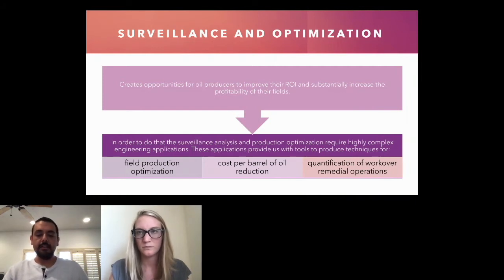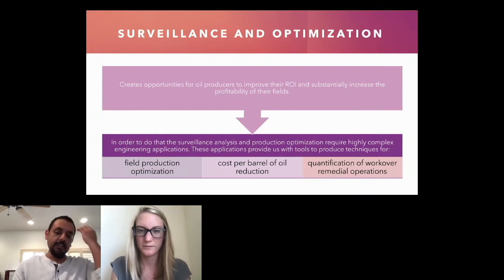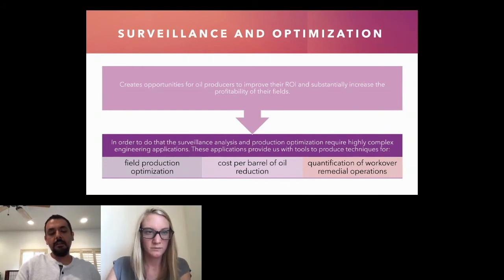It produces techniques for field production optimization, letting us know the cost per barrel of oil reduction and quantification of workover remedial operations. These surveillance analysis and production optimization tools are highly complex.